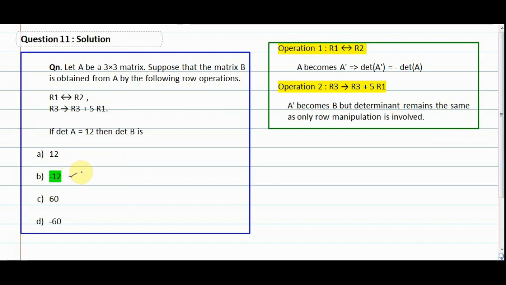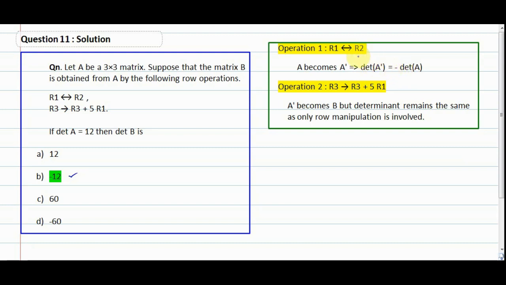Let's see how to solve this. Here when we perform operation 1, the matrix obtained is taken as A prime, and determinant of that new matrix will be equal to minus of determinant of A. This is because we are doing a row interchange. So the matrix obtained after doing a row interchange will have a determinant value which is equal to minus of the actual determinant value.